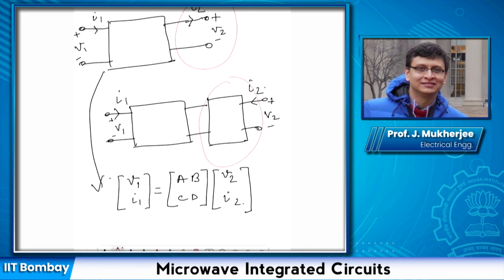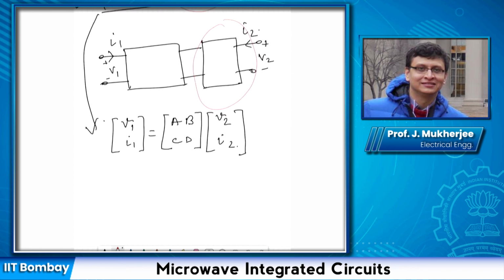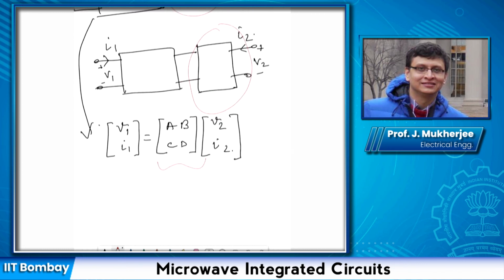And so if I call this the M matrix, and say the M matrix of this network is M1 and this is M2, then the overall M matrix of the system, M1 cross 2, will be equal to M1 times M2. So that is the advantage.